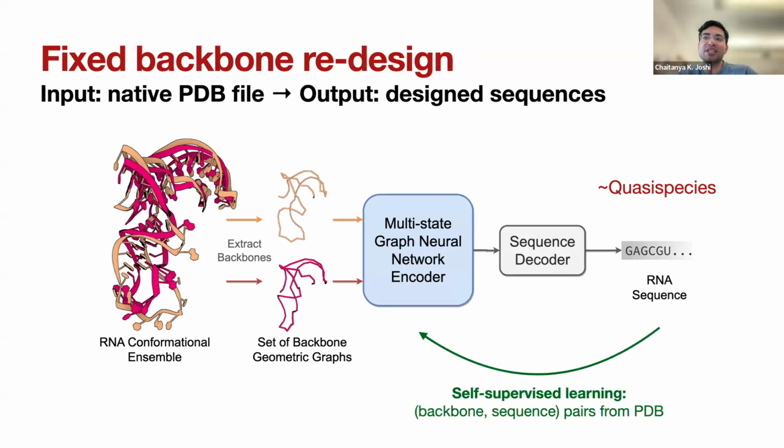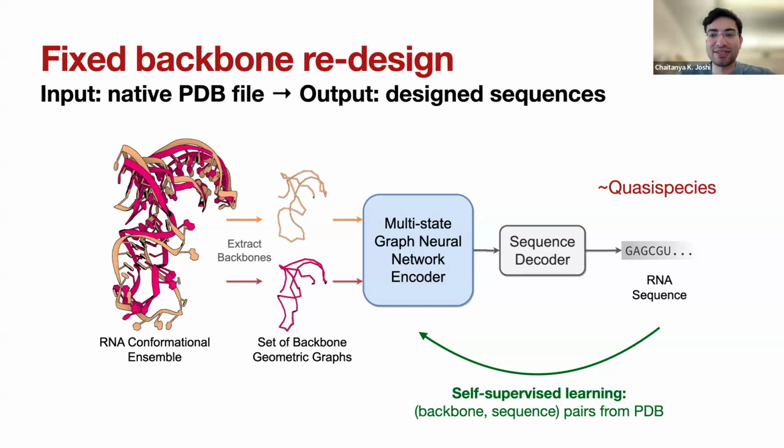And this system is trained in a self-supervised manner. So all you need are those PDB structures because your input is the backbone that you get from the 3D coordinates, and your output is the sequence. You can essentially train these models without, let's say, experimental labels, although the coordinates are obviously determined by experiments as well.